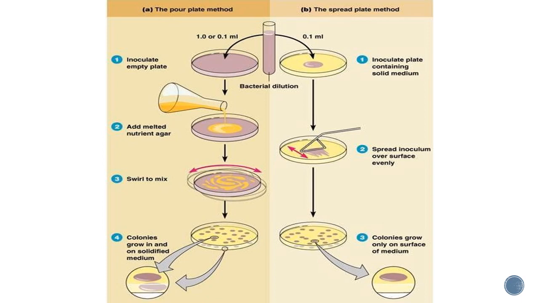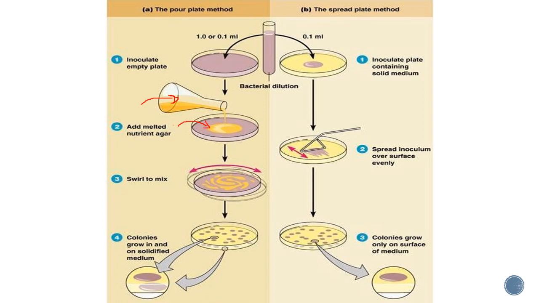So the methodology behind the pour plate method and the spread plate method is shown in the diagram, and you already performed both methods in earlier semesters. In the pour plate method, first we inoculate our suspension, that is our sample to be studied. We add that sample into the media, mix it well and then pour it into the plate.